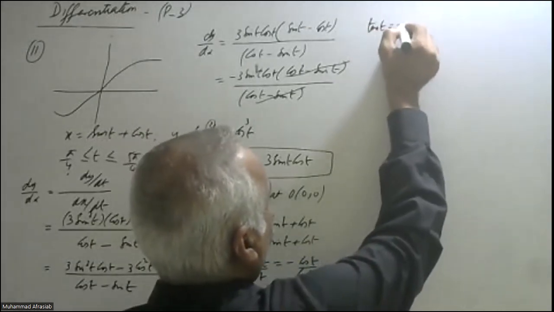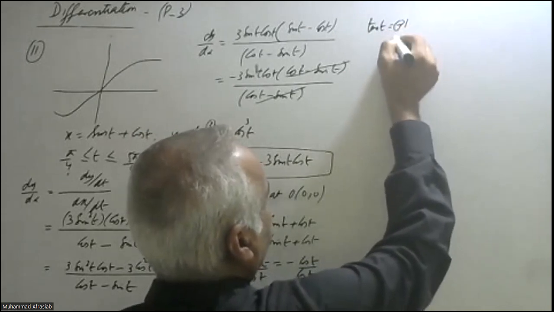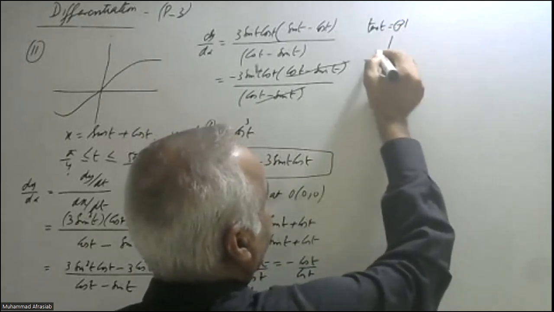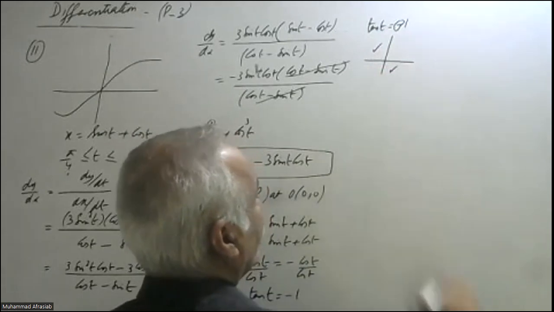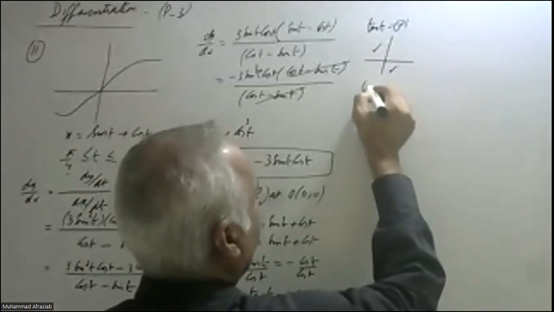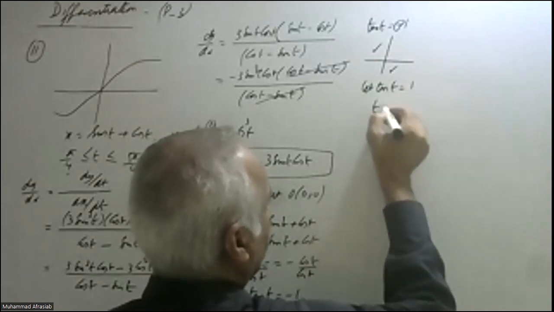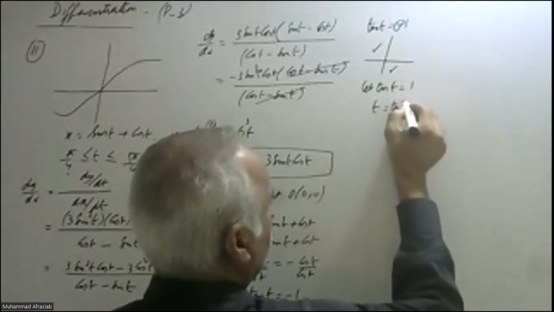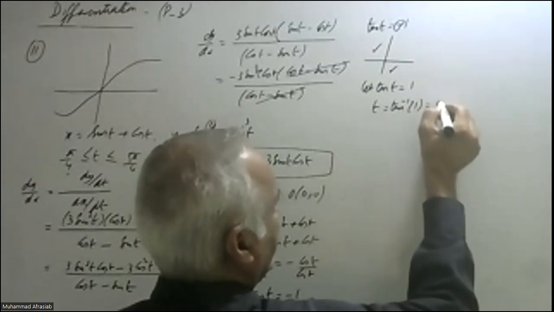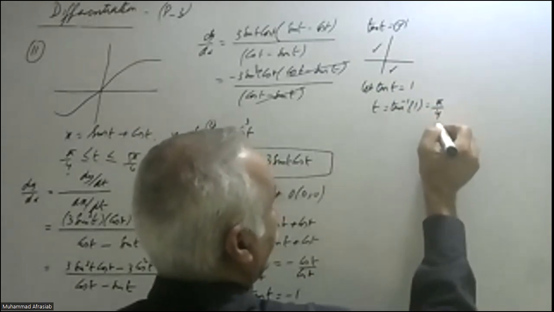Since tan t is equal to -1, the minus indicates that tangent is negative in the second and fourth quadrants. So let tan t equal to 1, then t is equal to tan inverse of 1, which is equal to π/4.